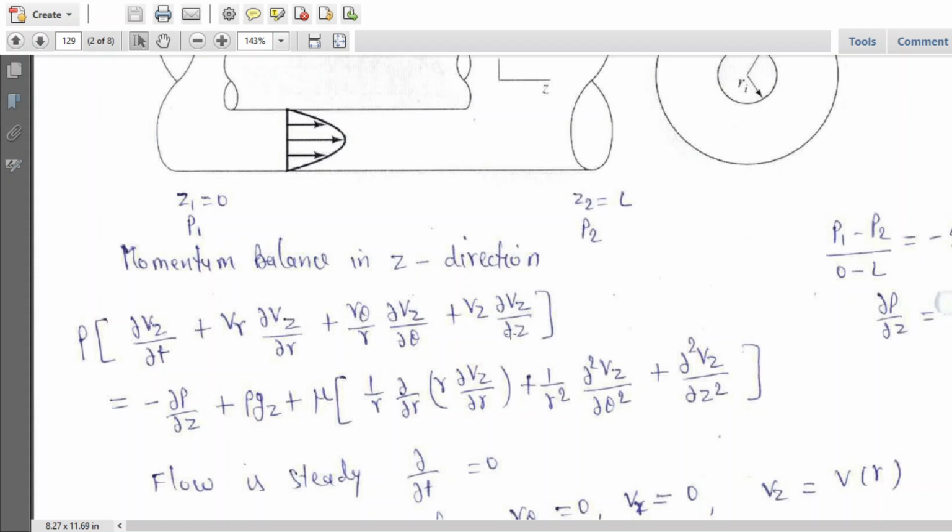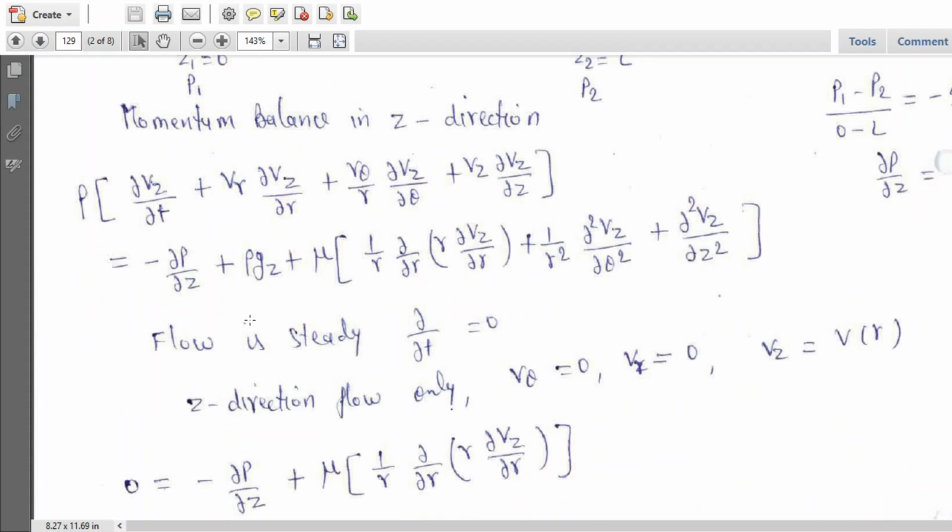Del VZ upon del Z would be equal to 0 for fully developed flow in Z direction, because velocity would not be a function of position in the direction of flow. Del P upon del Z is already calculated from here.